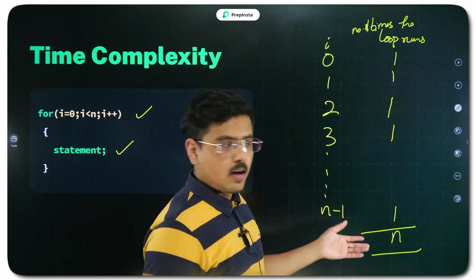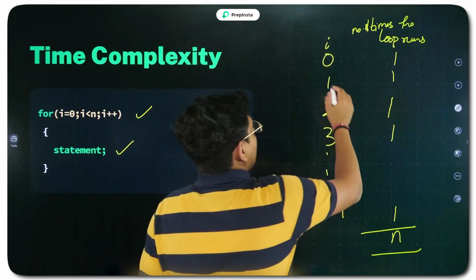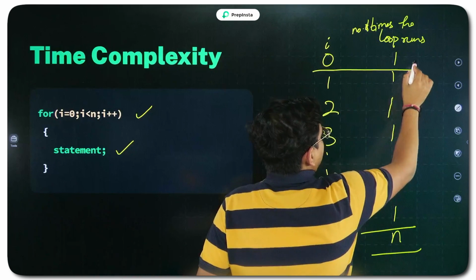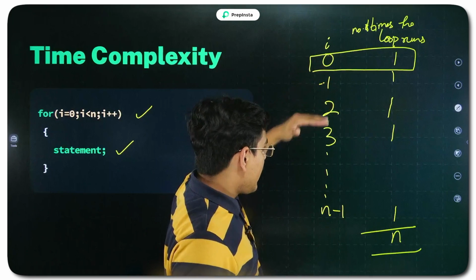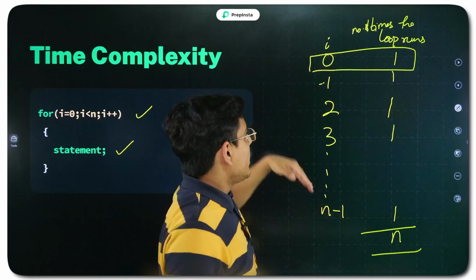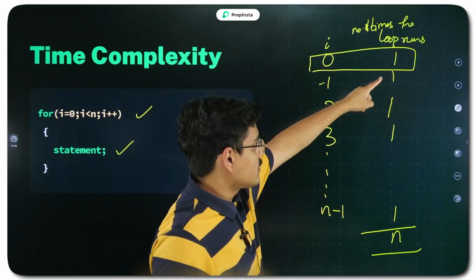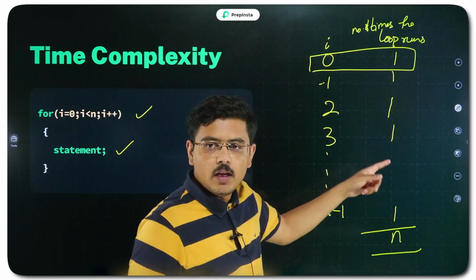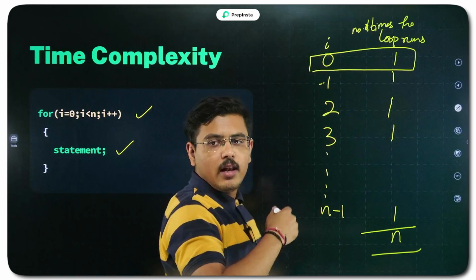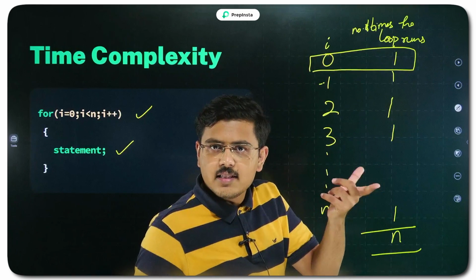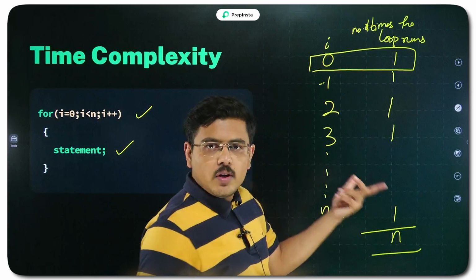How did this n come? Simple, look, leave this portion for now. Start from 1 and come till n minus 1. If you come from here to here and start adding these ones, basically it would be n minus 1 times. For example, if you start from 1 and go till 9, there are 9 digits, or 9 units, right?